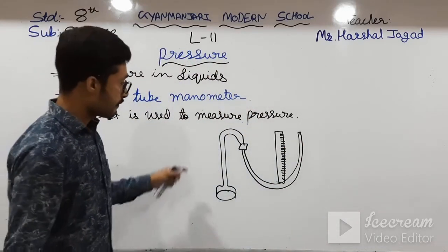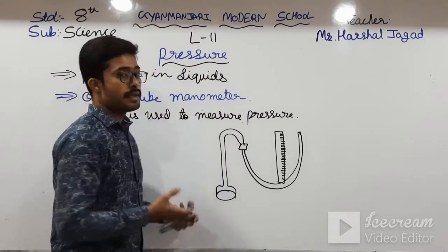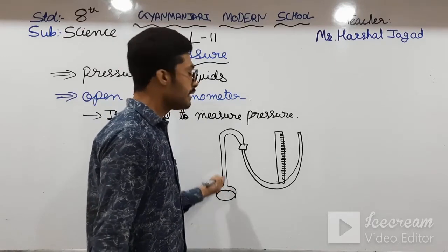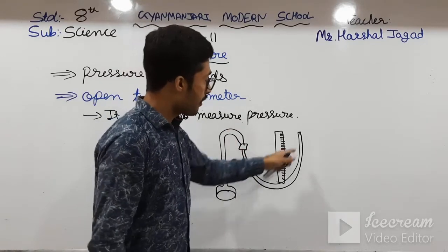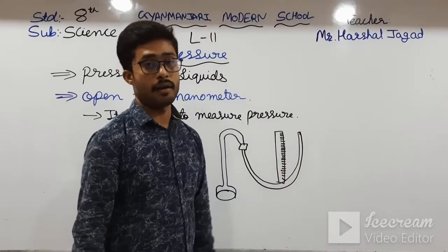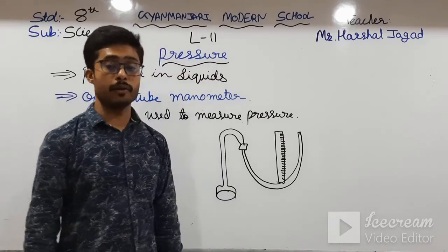So if we want to see the pressure, we can measure from the scale how much pressure there is. Okay, students, this is the manometer tube.